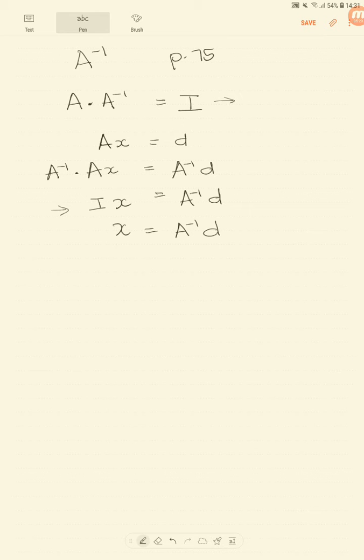So if we have, for example, the system, I'm just going to do this in a different color for the example.